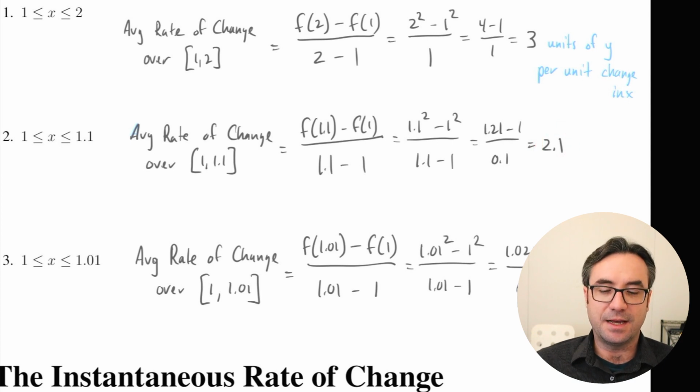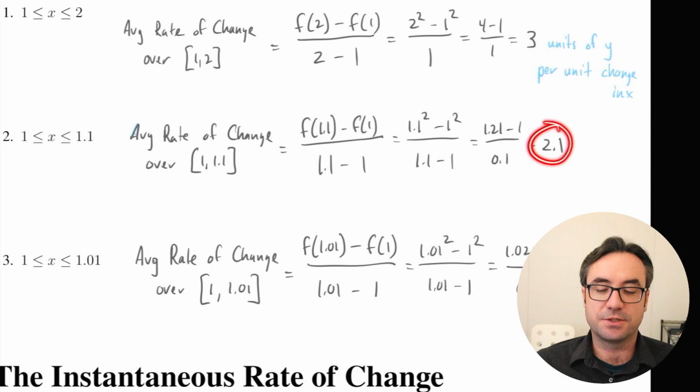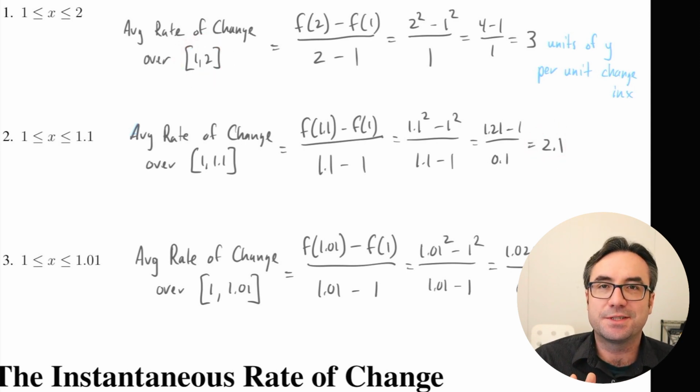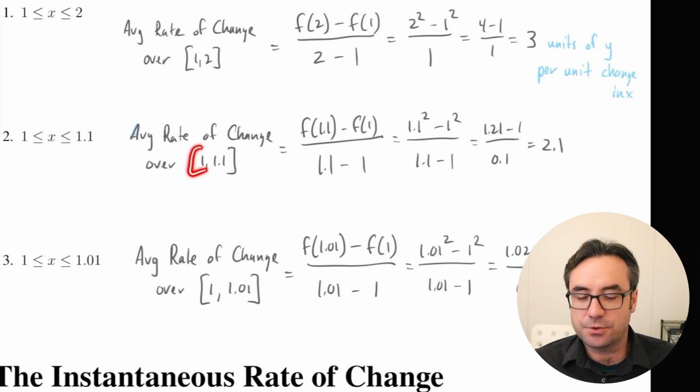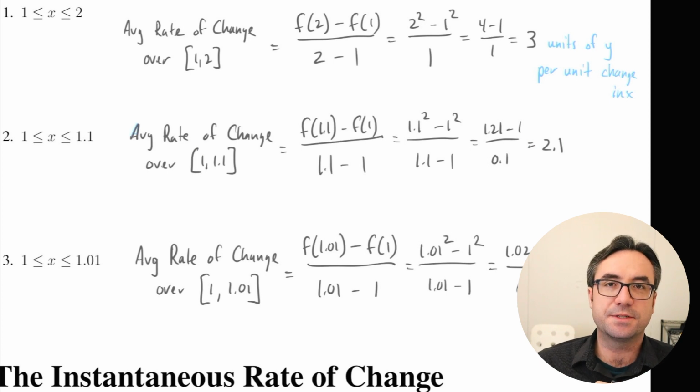And that kind of makes sense, because if we're looking at this larger interval, we're just averaging more things together. And so it seems plausible that the value could be higher, or it could be lower. But as soon as we start shrinking this thing down, we notice that the values all start looking pretty similar.